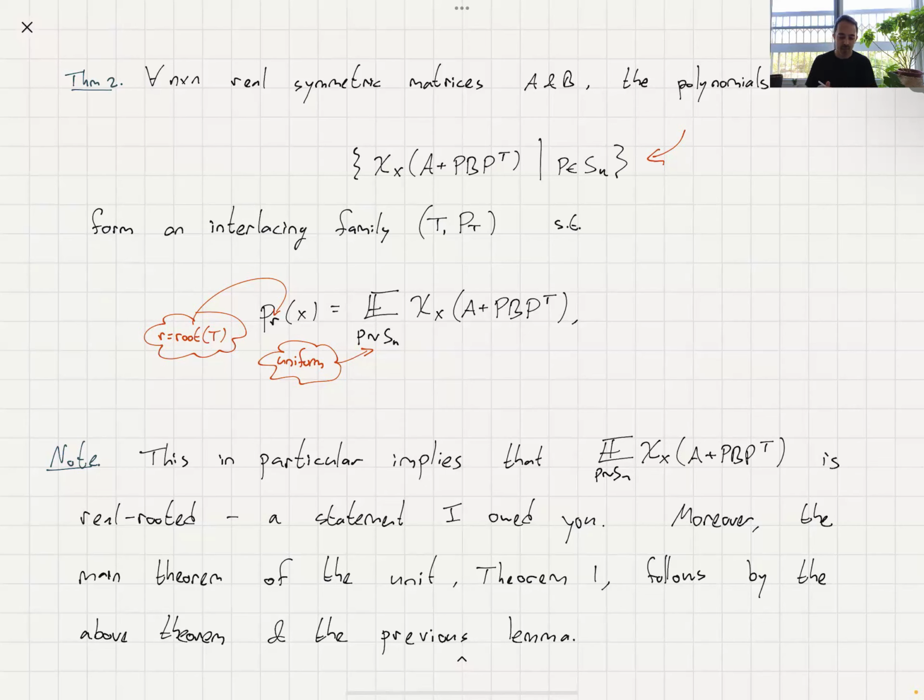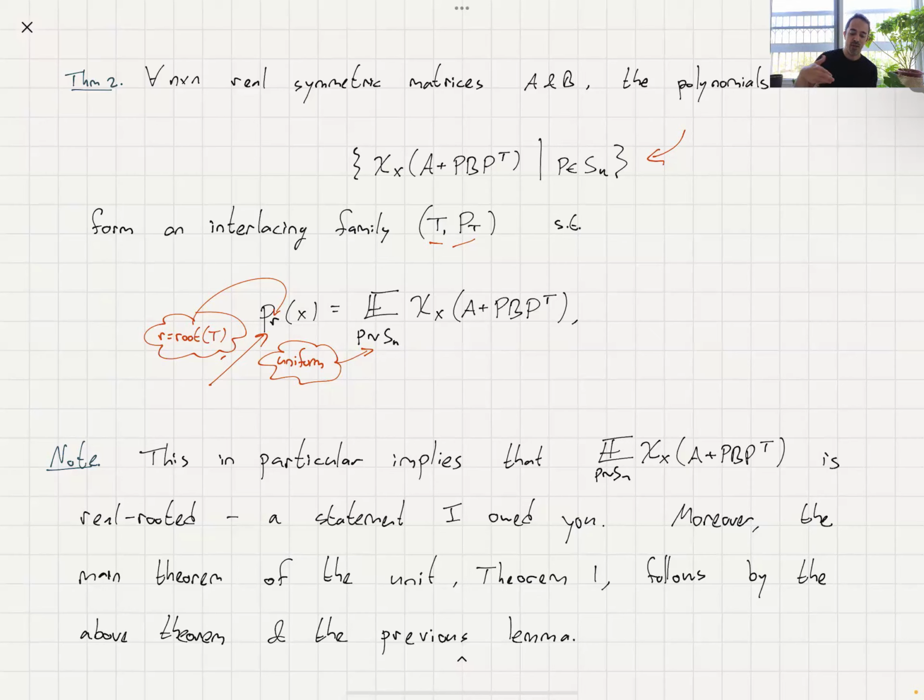So indeed, for that set of polynomials, there is an interlacing family, namely a tree and a bunch of polynomials attached to the vertices, such that the polynomial of the root is exactly the expected characteristic polynomial of A plus PBP transpose, according to the uniform distribution. Okay, so that's a strong theorem.